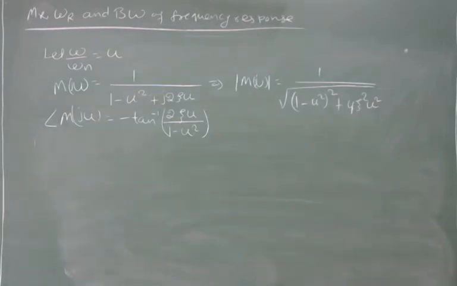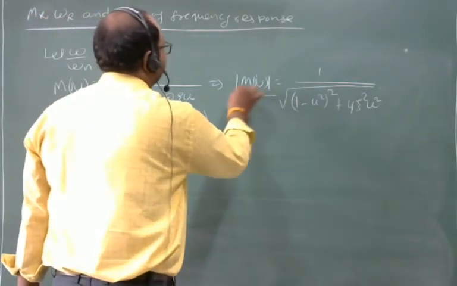So we have the magnitude and angle of this mju, and for the resonant peak we will find the maxima of this magnitude.